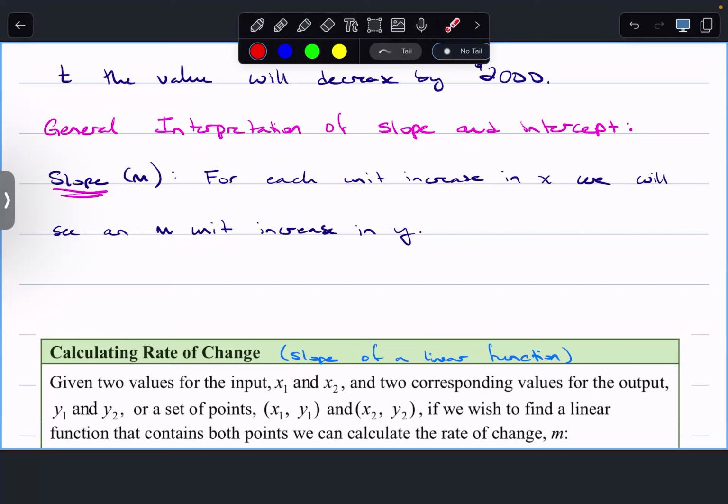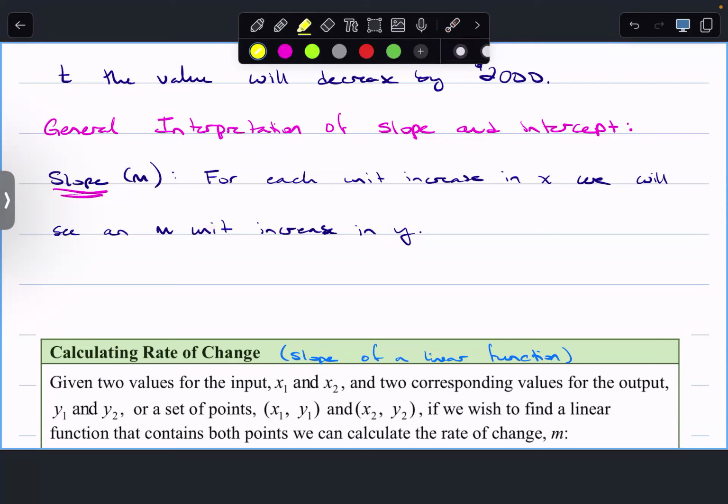You could say change, but usually we talk about increase or decrease. When you're first starting, just use a negative 2,000 unit increase in the value, and then eventually you're going to say, well, that's probably a $2,000 decrease. But technically this is correct.